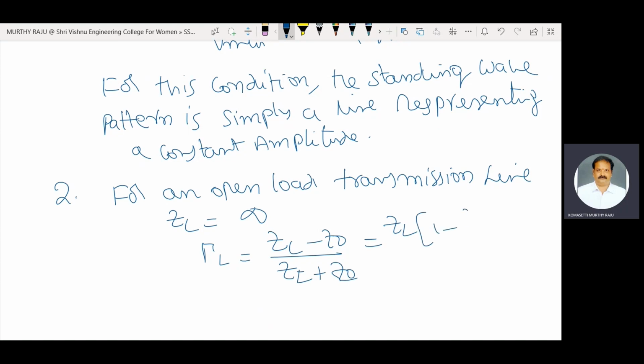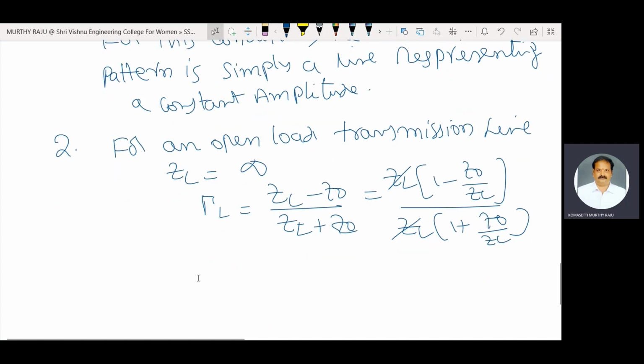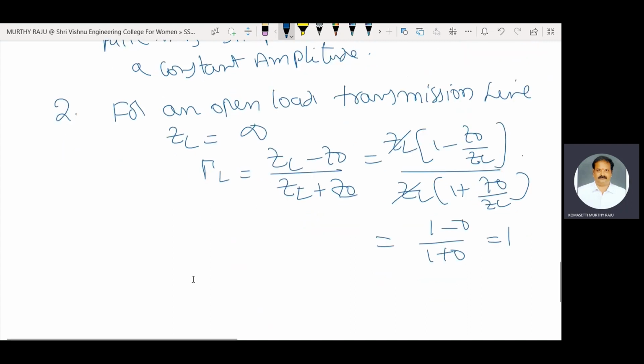That is ZL into 1 minus Z0 by ZL, over ZL into 1 plus Z0 by ZL. These two are cancelled. Therefore, tau L is equal to, since ZL is equal to infinity, 1 minus 0 by 1 plus 0. The reflection coefficient is 1.